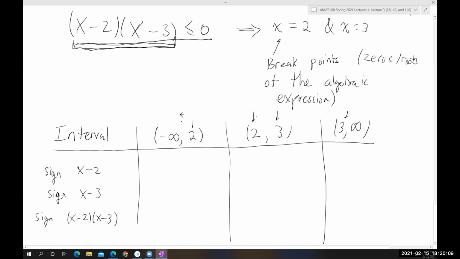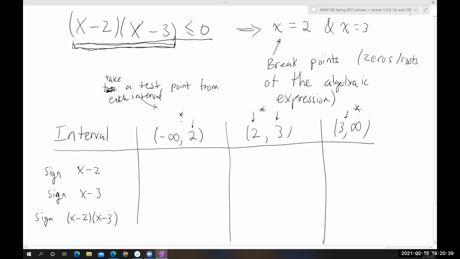We're going to go from here, then here, and then here, and take a test point from each interval. Then we're going to look at the sign of each factor and then the overall sign of the algebraic expression.